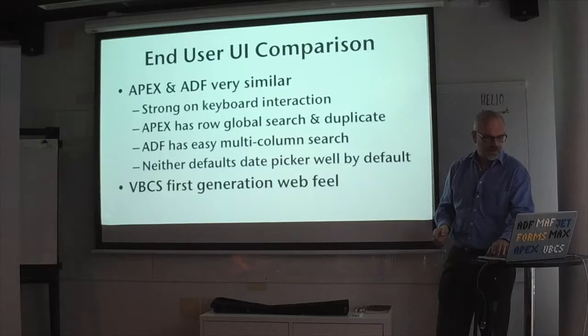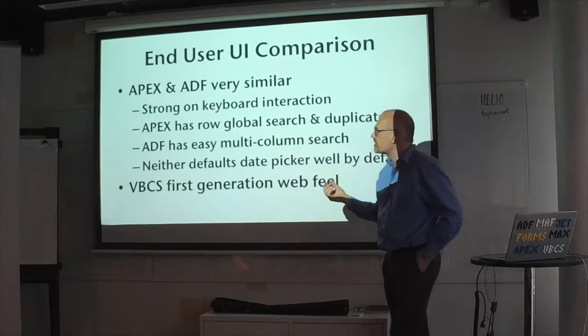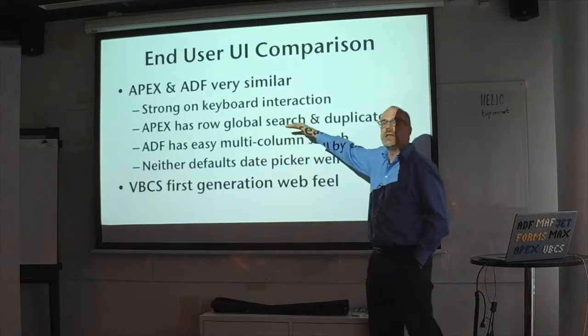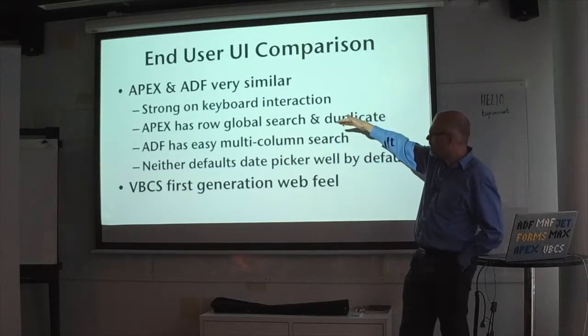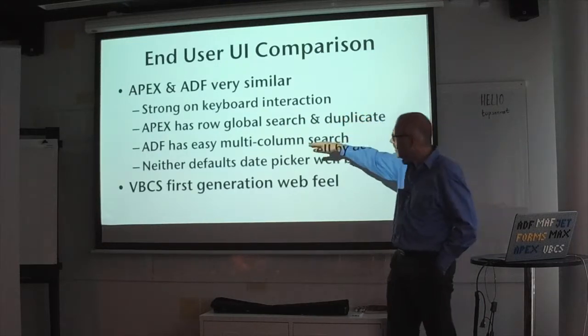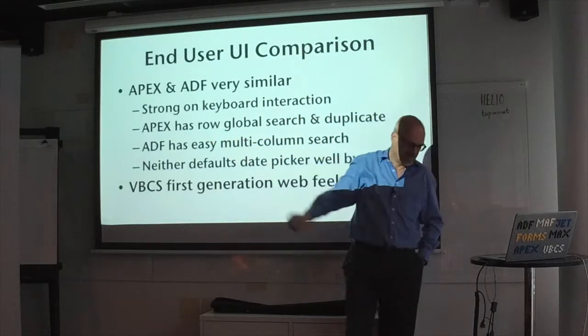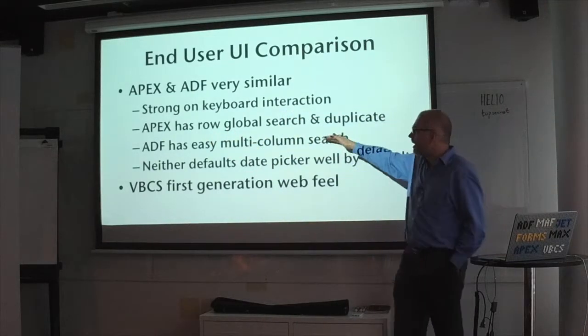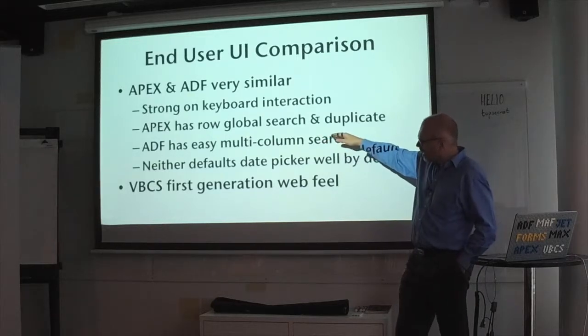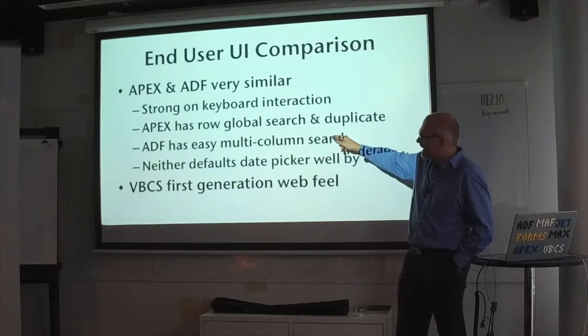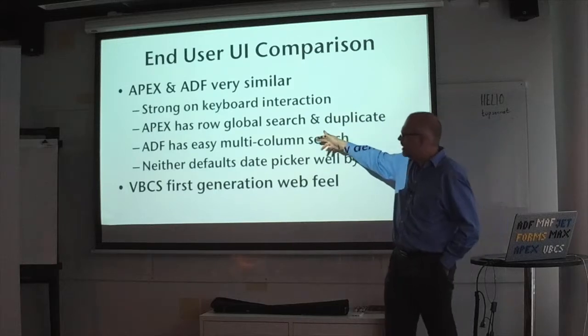So from a UI perspective, the global search in Apex is more of what the users are expecting. If you need the multi-column search, that comes automatically in ADF, but it would take more effort in Apex.